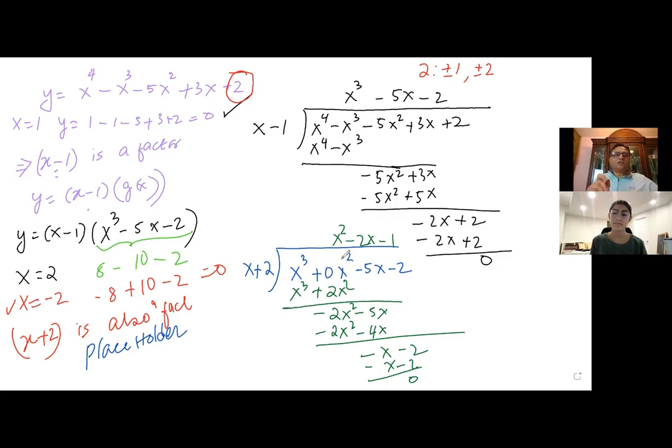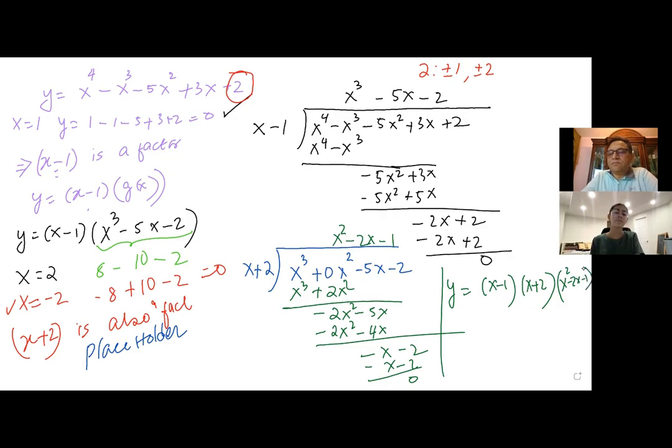Correct. So we could now write a parabola as what? So that parabola y could be written as first factor, which is x minus 1, right? Yes. Second factor, x plus 2. And the third factor is x squared minus 2x minus 1. I thought our second factor was, oh no, wait.